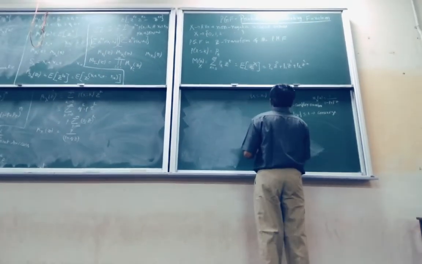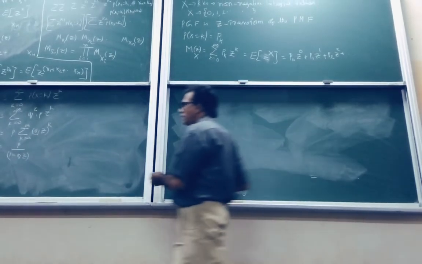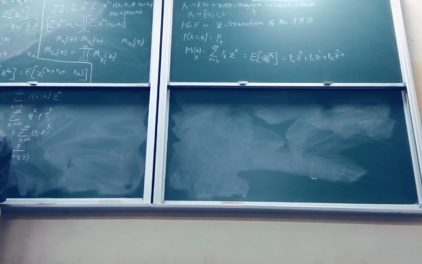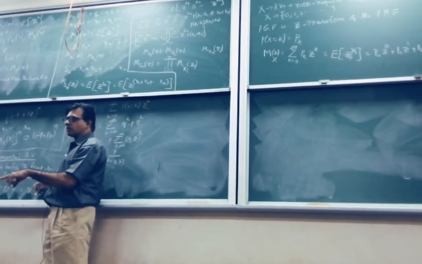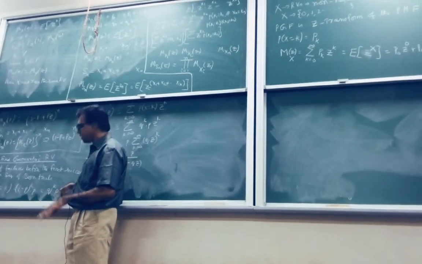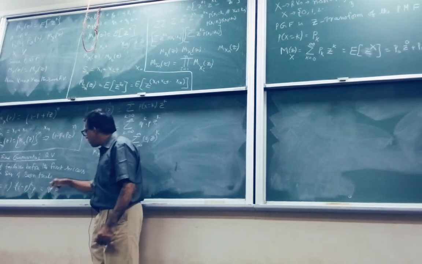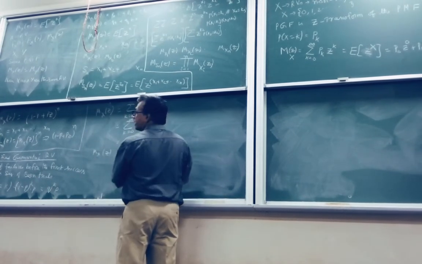Now, if it were without modification, the only thing is I will have q power k minus 1 into p, for the geometric random variable without modification, which is the number of trials before I get the first success, meaning k minus 1 failures and then one success. It is q power k minus 1 into p. But this form is good because I can club the q together and write it.